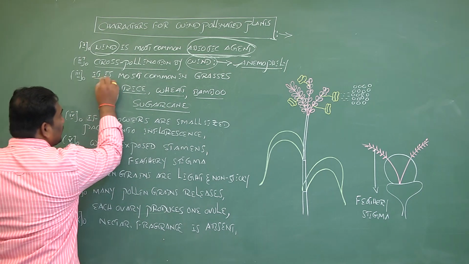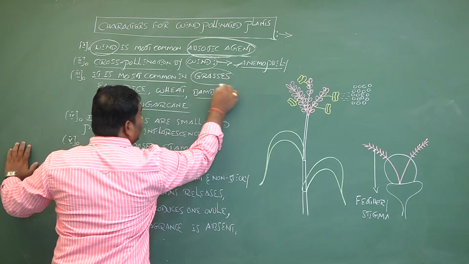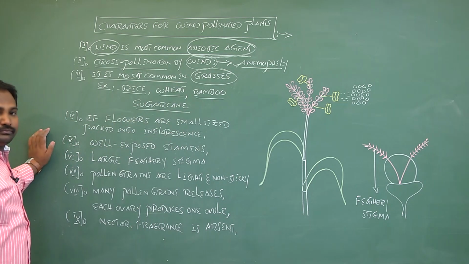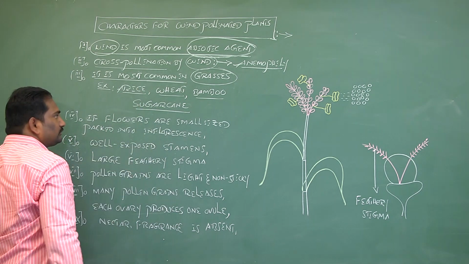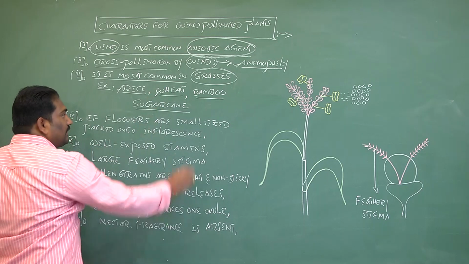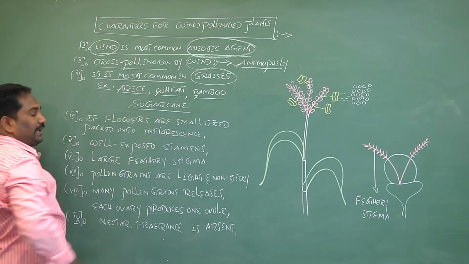Wind pollination is most common in grasses. Example for grasses: rice, wheat, bamboo, sugarcane.